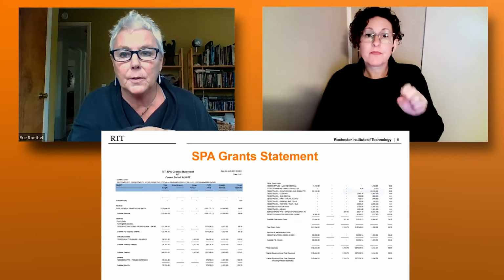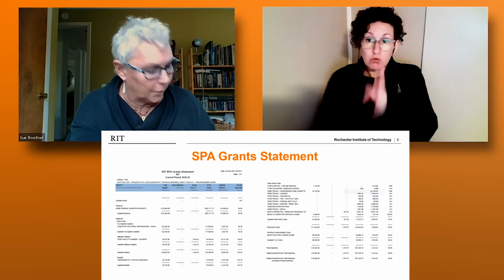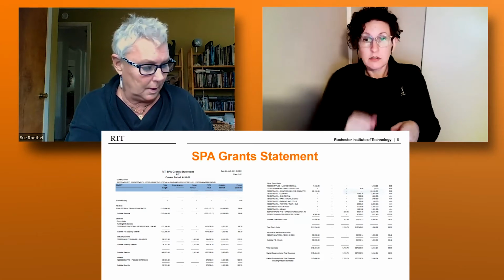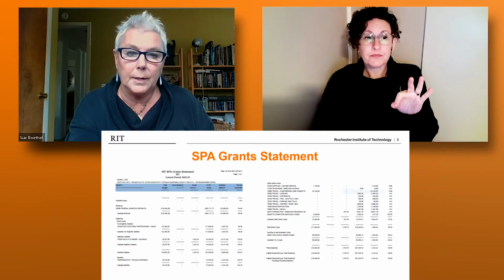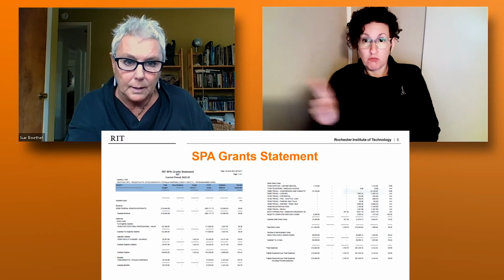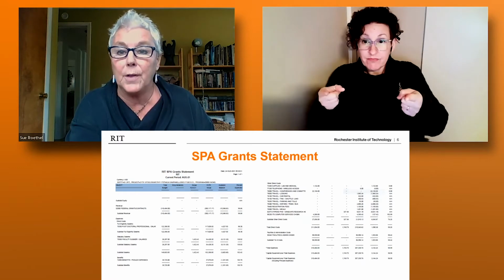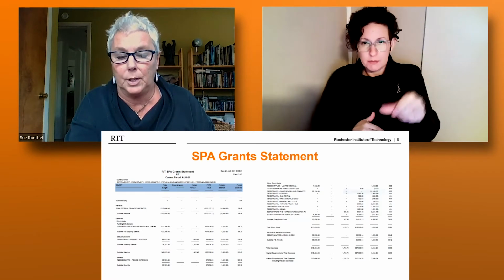Also on this sample, under other direct costs, if you look at the second to the last column on the right, many of those expenses are in parentheses, and that means they're over budget.